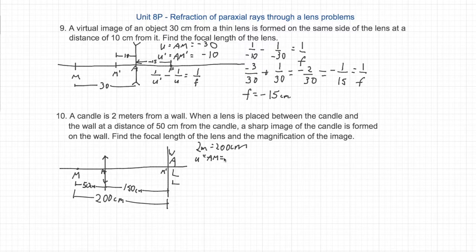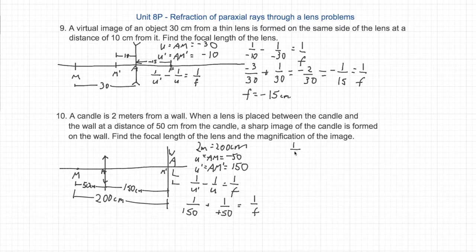So u, which is AM, a negative left direction, is negative 50, u prime, AM prime, a left to right direction, is a positive 150, and we will plug into our lens formula to find the focal length of the lens, which is a plus lens because a real object is forming a real image.